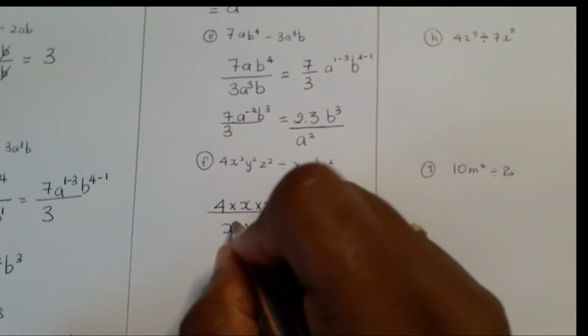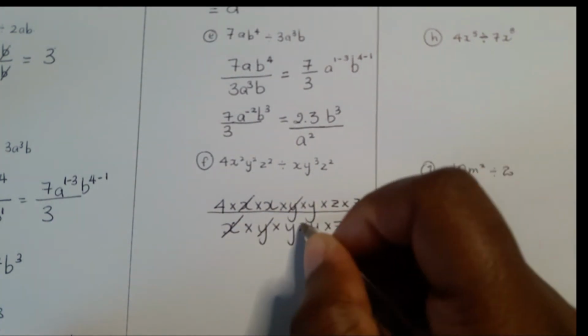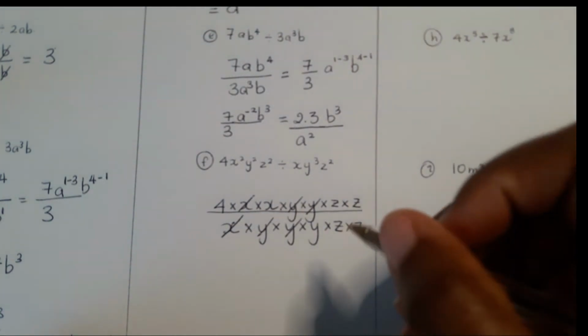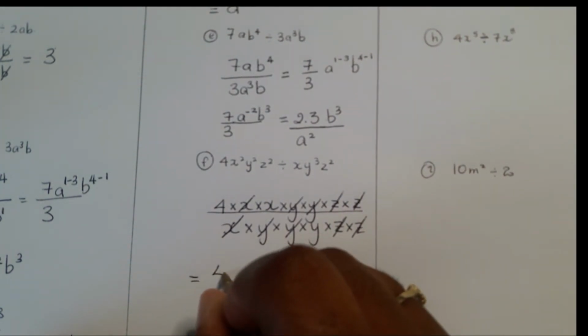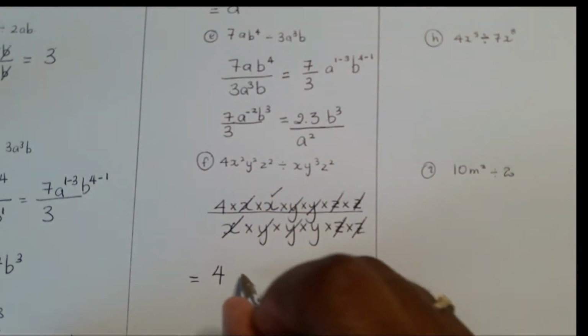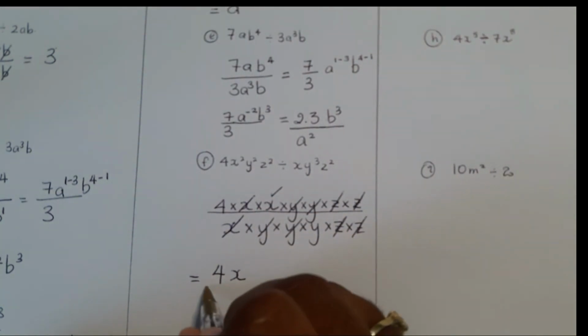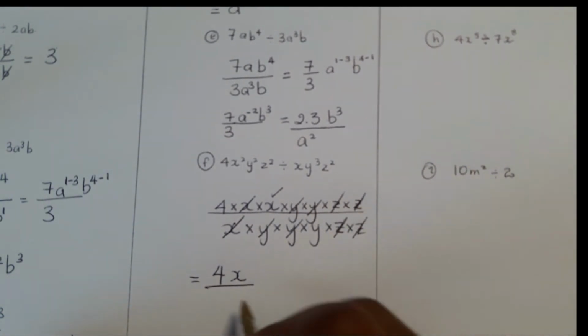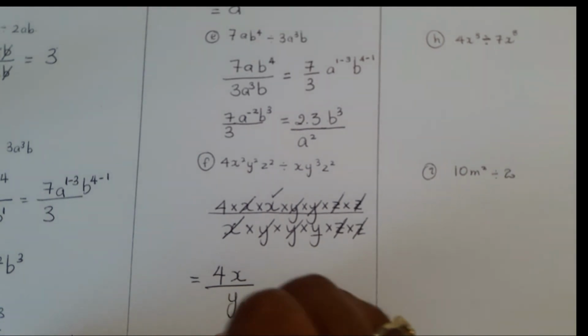From this, you have one x going, you have 2 y's disappearing, and you have all the z's going, and you're going to be left with 4x over y.